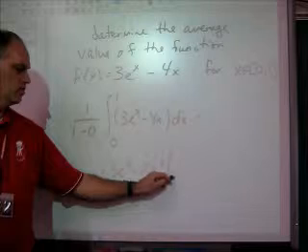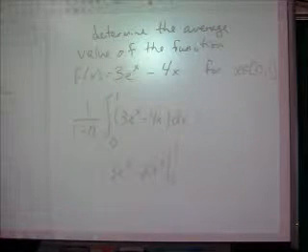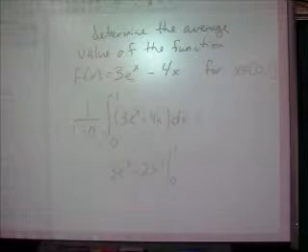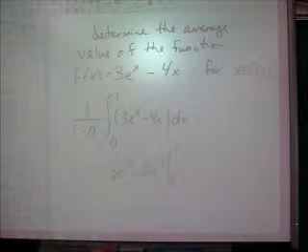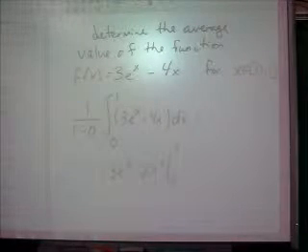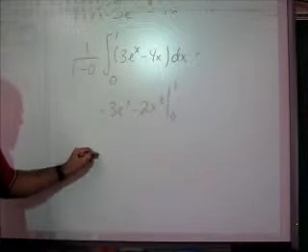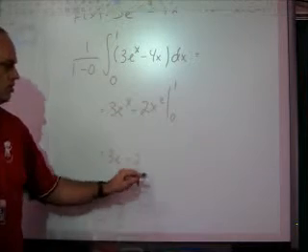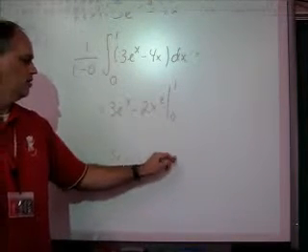Do we agree with that part? Anybody have a question about that part? Okay, so now I go ahead and evaluate it with 1, then evaluate it with 0, and I end up with 3e minus 2 minus 3 times 1 plus 0.